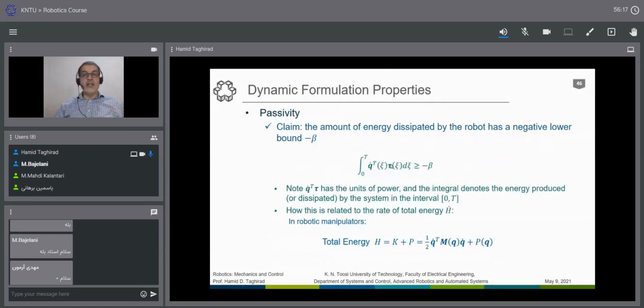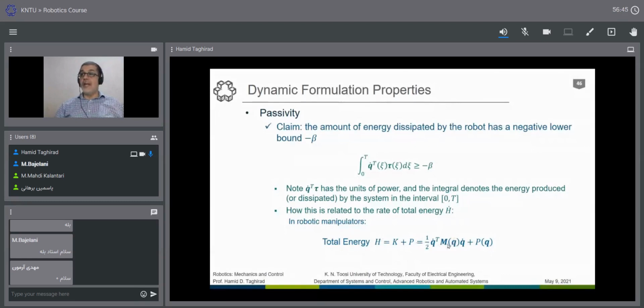This is also very easily proved by using the concept of total energy of the system. We call it the Hamiltonian, or the total energy of the system, which is the kinetic energy plus potential energy. Then if we take the derivative of that, we reach something very similar to this. We know that the total energy is always positive.